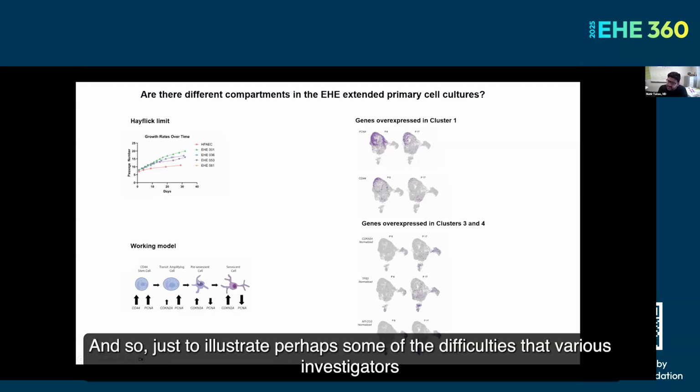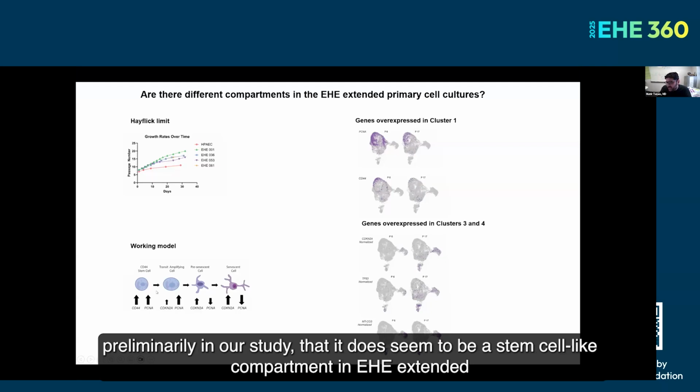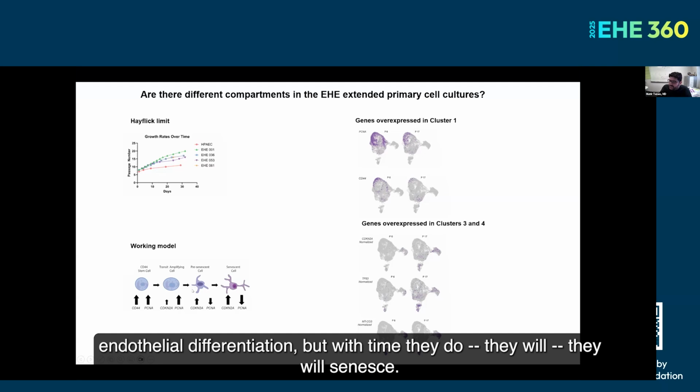And so just to illustrate perhaps some of the difficulties that various investigators have noted with developing these EHE extended primary cell cultures, it does seem, at least preliminarily in our study, that there is a stem cell-like compartment in these EHE extended primary cell cultures, with an active proliferative component that demonstrates endothelial differentiation, but with time they will senesce.